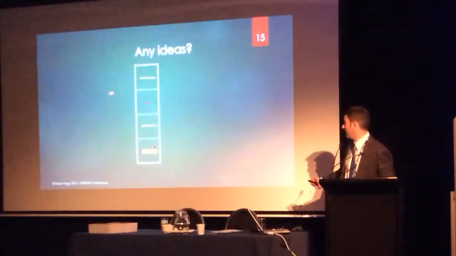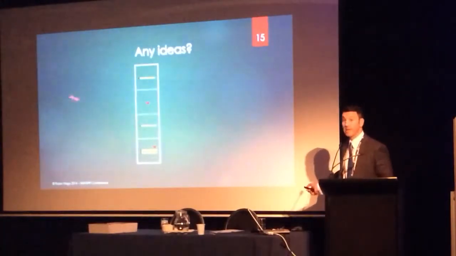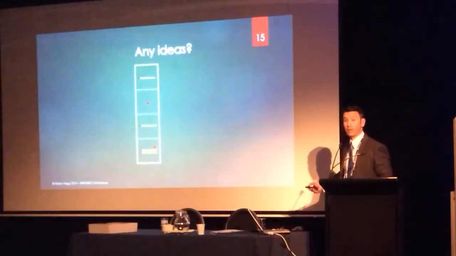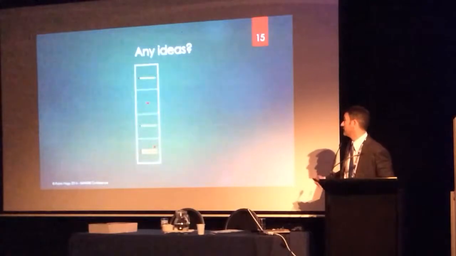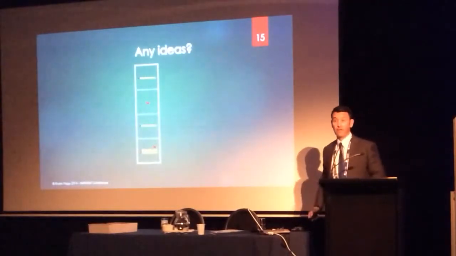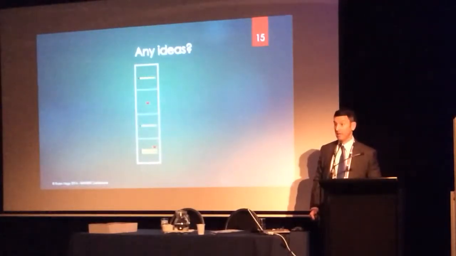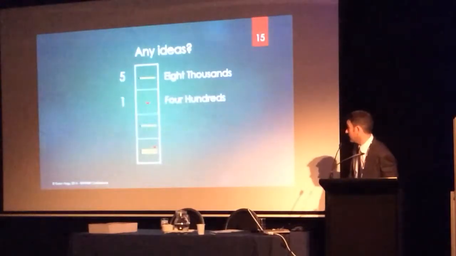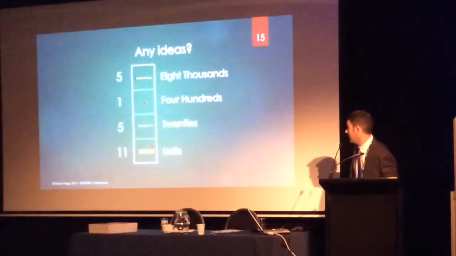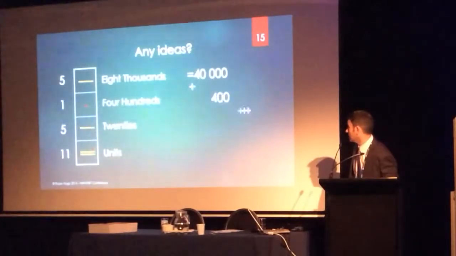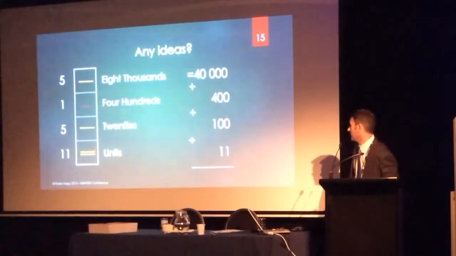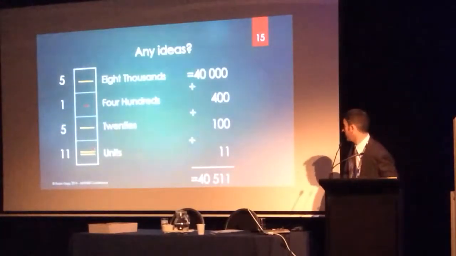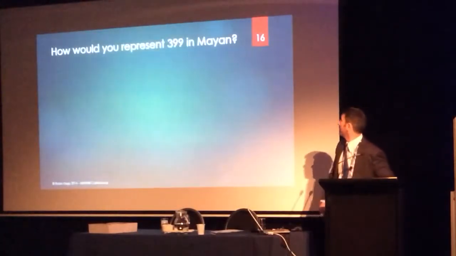That's 1 in the 400s column, because it's 20 squared, and 5 in the 8,000s column. So yeah, well done. So that's 5 8,000s, 1 400, 5 20s, and 11 units. Otherwise, you could do that in your head, I suppose. 40,511. Cool. It's Sunday, so.